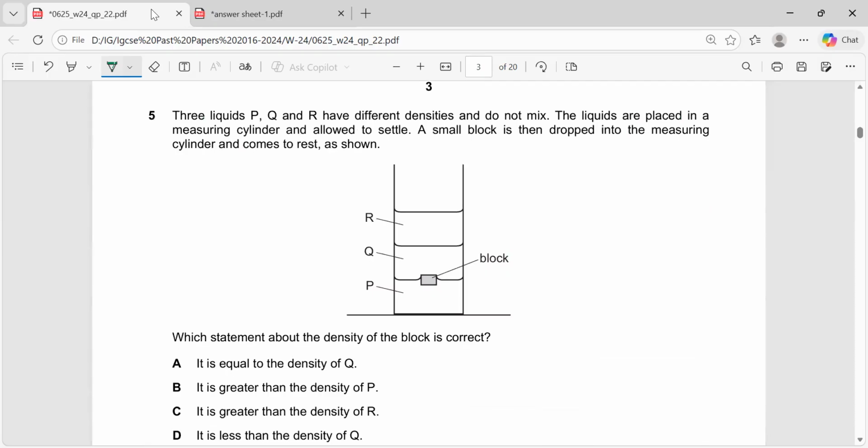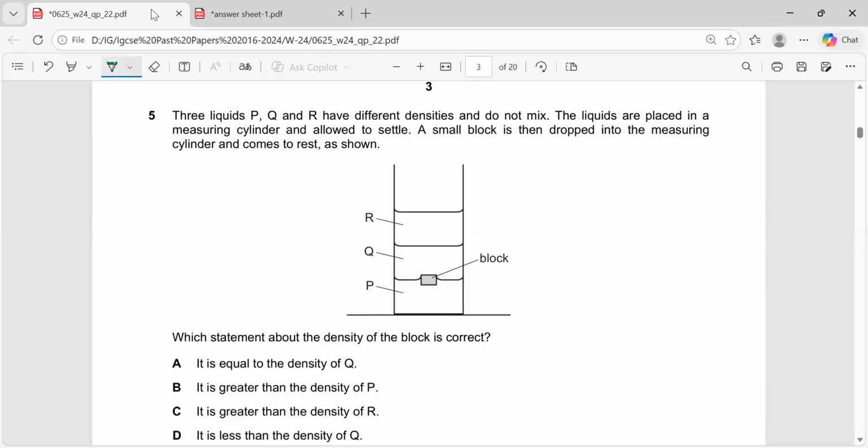Density questions are brought up very frequently in exams. What is this talking about? Three liquids, P, Q, and R, have different densities and do not mix. My dear friends, if the examiner has written only that three liquids P, Q, and R don't mix, it simply means they do not have the same density.